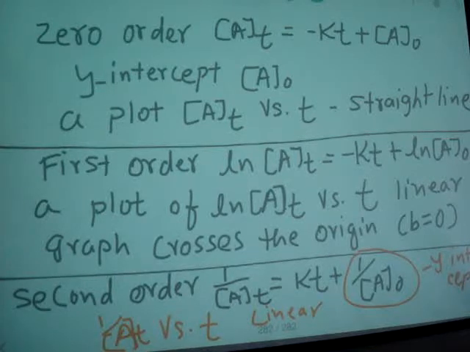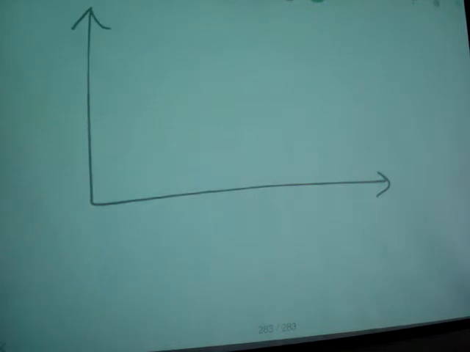For example, I'm going to give you an example, okay? And that way you can determine the order of that particular reaction. So let me give you an example. I'm plotting one graph, alright? Let's say this plot is originating at 0.